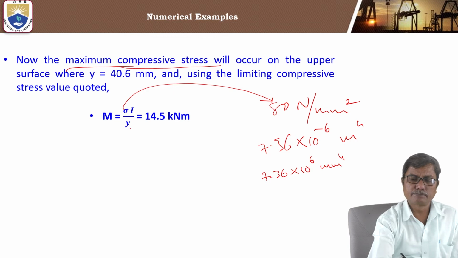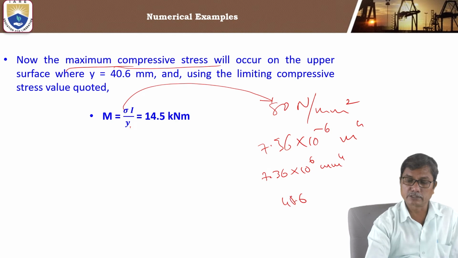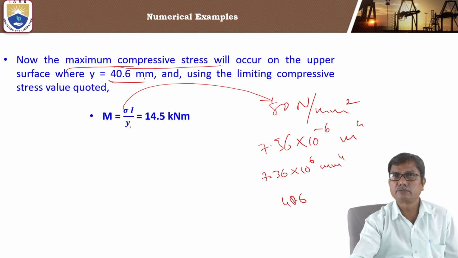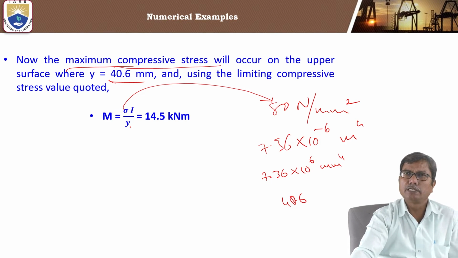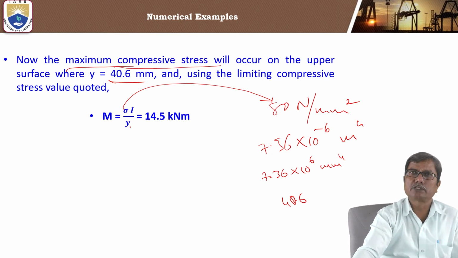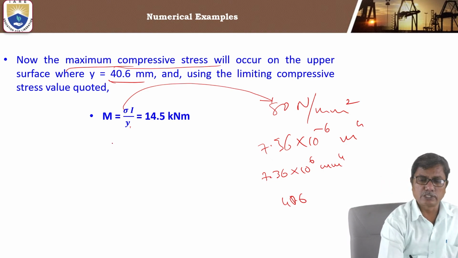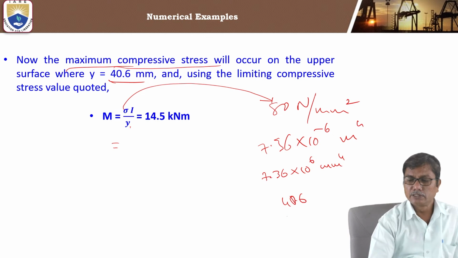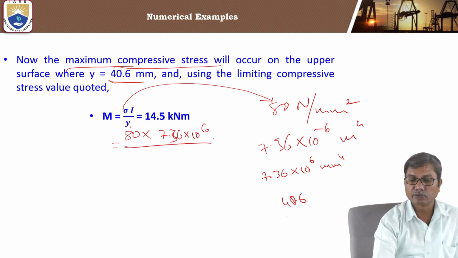And Y maximum in compression is 40.6. The maximum distance in the compression zone is 40.6. The extreme fiber in compression is at a distance of 40.6 millimeters from the neutral layer. So substituting these values, sigma 80, I value 7.36 into 10 power 6, and Y 40.6.